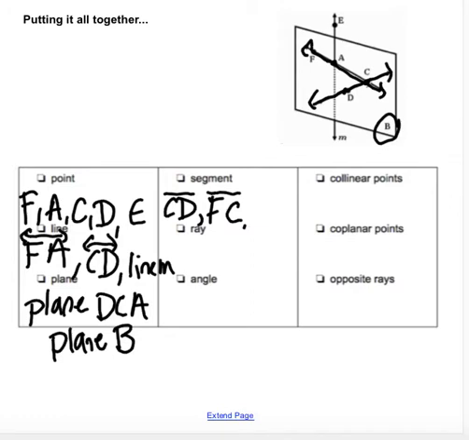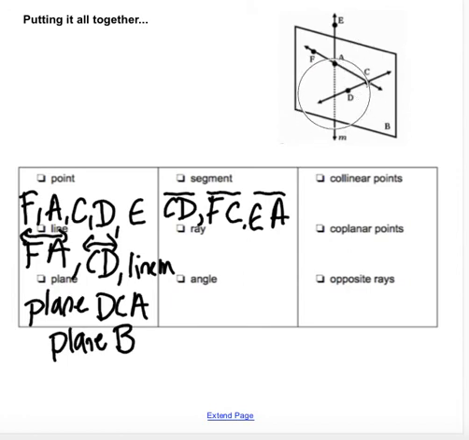And my last line, line EA, we'll just chop that in half and say segment EA. So we got segment EA here, we got segment FC here, and segment CB here. Lots of different options.